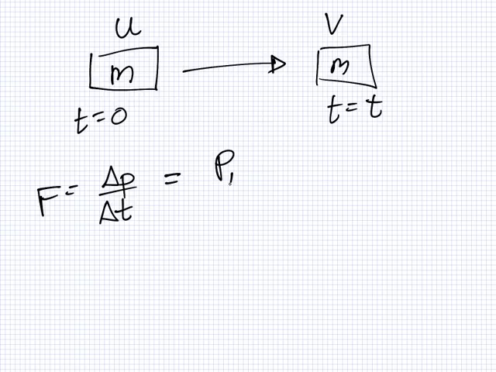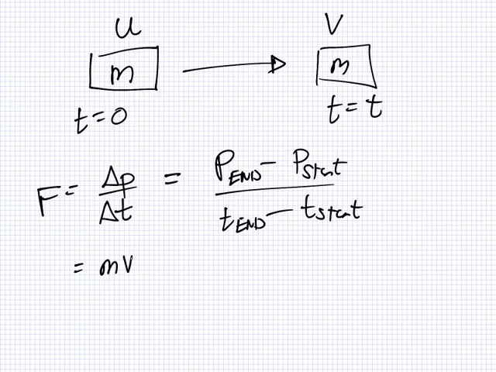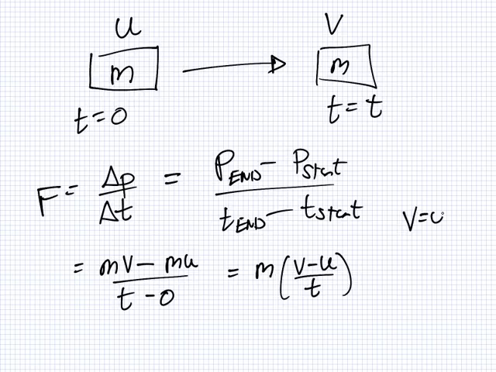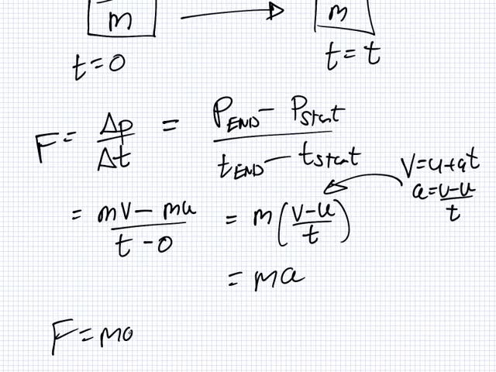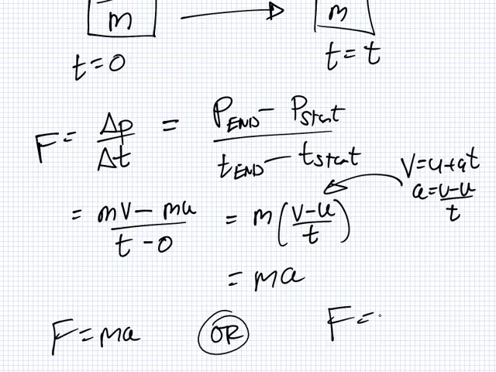That would be the momentum at the end minus the momentum at the start, over the time at the end minus the time at the start. In other words, that's mv minus mu over t minus 0. That's m(v minus u) over t. But you might say, well, v equals u plus at, so a equals (v minus u) over t. So you can put that in there and you get ma. So you can say F equals ma, or you can say F equals the change in momentum over the time taken to change the momentum.